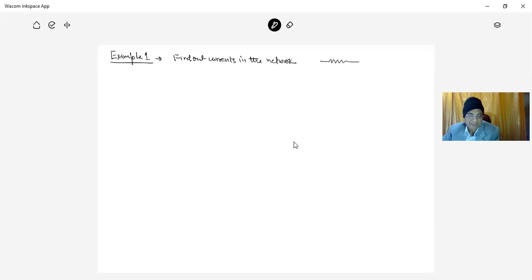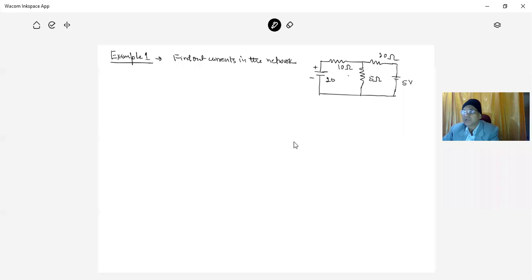Suppose this one is a resistance, here it is a resistance, and this is the supply voltage, positive and negative, and here it is another supply voltage. In this simple network, the voltage is 10 volt, this is 10 ohm, here it is 5 ohm, this is 20 ohm, and this is 5 volt.